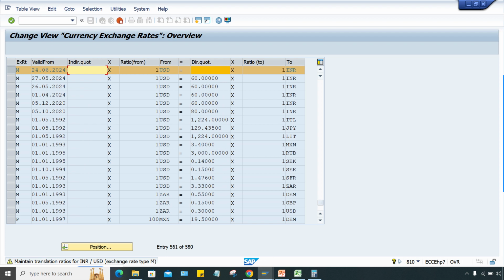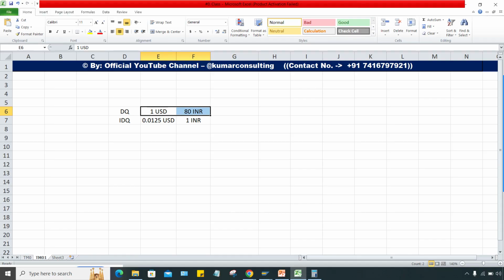Now, generally what happened, the translation ratio which we have specified is 1:1, that is USD versus INR, and that is why this rate was being maintained here.